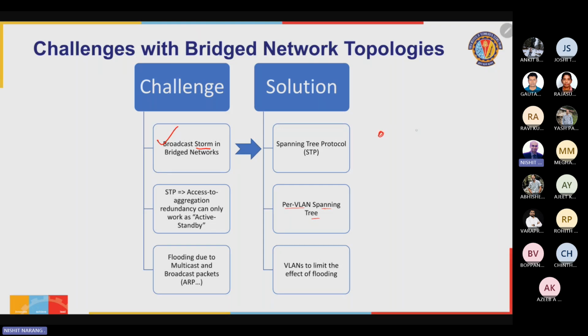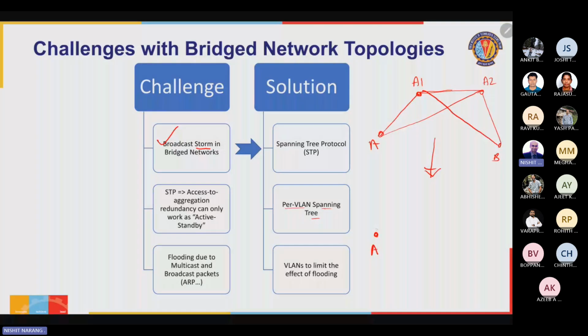So if I redraw the previous topology between A and B, there are multiple paths to go from A to B via two different access switches, access switch 1 and access switch 2. Similarly from B to A, I have multiple paths. This is, let's say, the physical network. But what will spanning tree protocol do? It will translate this topology into a spanning tree.